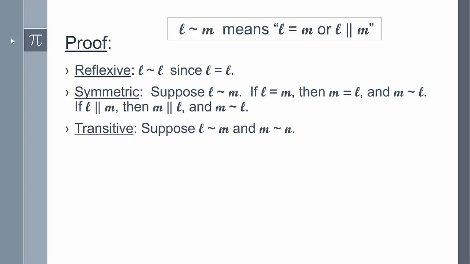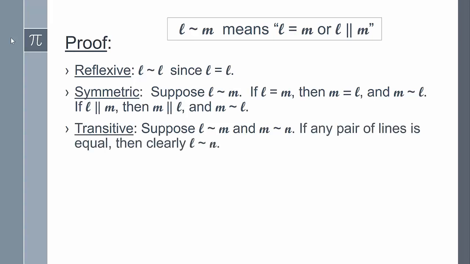All right, let's talk about transitivity. So let's suppose that L is related to M and that M is related to N. So these are three lines, L, M, and N, and we need to show that L is related to N, to show transitivity. Well, if any pair of these lines are actually equal, then clearly L is going to be related to N, just by what we did in the symmetric and reflexive cases.